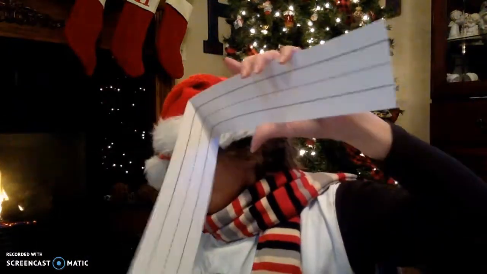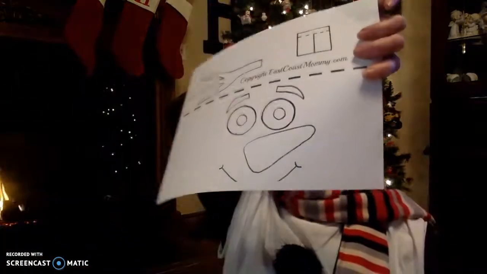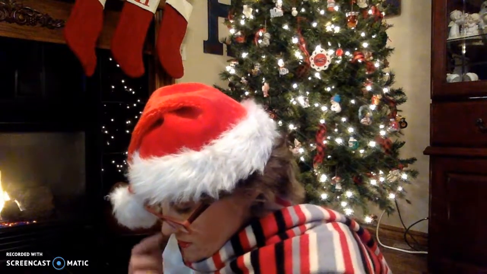You are going to need a glue stick. And you will also need this. This is a sentence strip. And this, okay? So Mrs. Hensley has already made one, but that's okay. I'm going to show you how to make yours, okay?